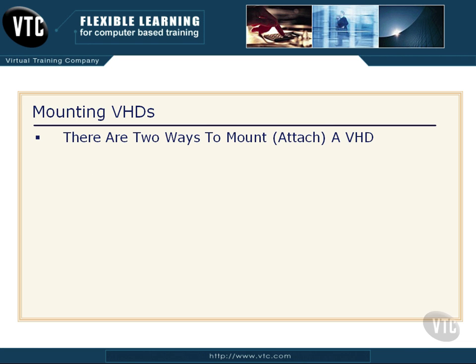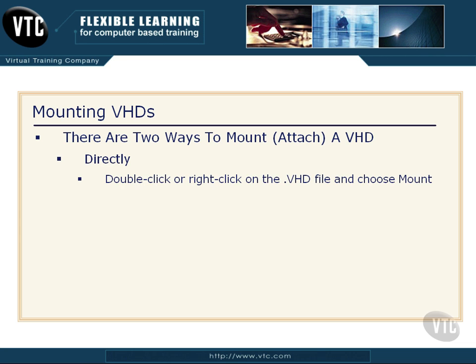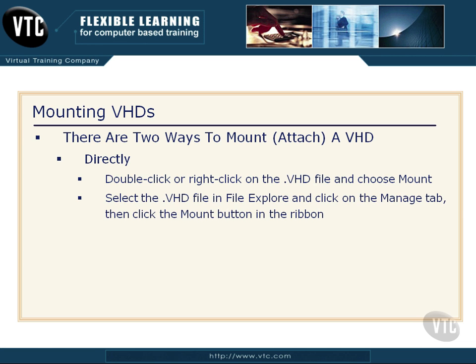Now there's two ways to mount or attach a virtual hard disk. You can do it directly by just double-clicking or right-clicking on the .vhd file. Now the right-click will always work. Double-click works if you have a hypervisor installed and so forth. But I can just right-click on the actual VHD file out in File Explorer, choose Mount, and it works. Then I can select the VHD in File Explorer, click on the Manage tab and use the ribbon up at the top and click the Mount button.